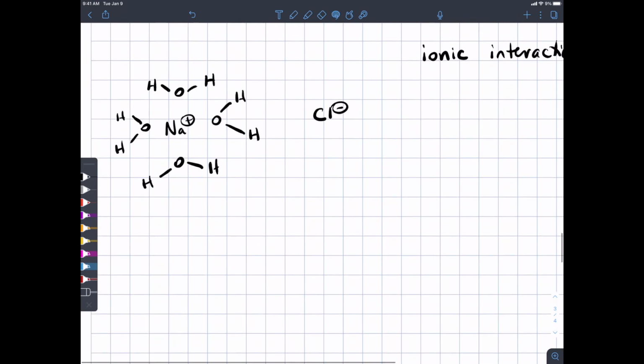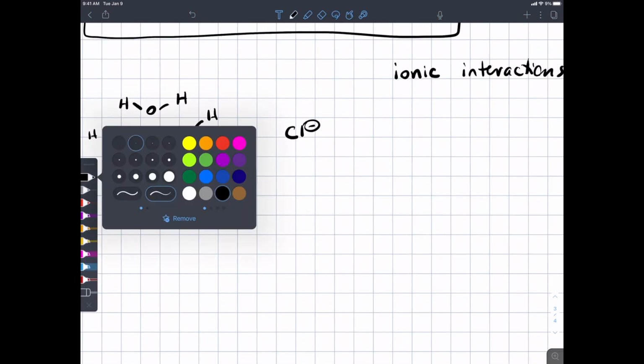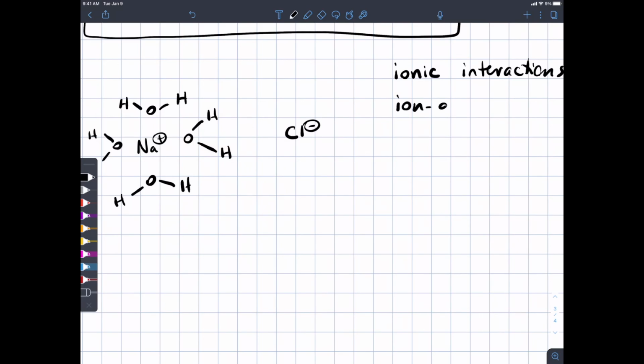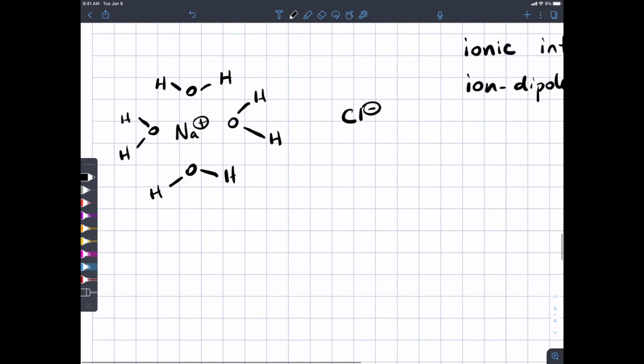What I'm showing you here is an example of what you may have learned is called an ion-dipole interaction. You recognize that oxygen's more electronegative than hydrogen, and so the oxygen should be electron rich, the hydrogen should be electron poor. We can indicate that with a delta minus on the oxygen and a delta plus on the hydrogens. We can also draw an arrow with the arrow towards the negative end of the dipole.